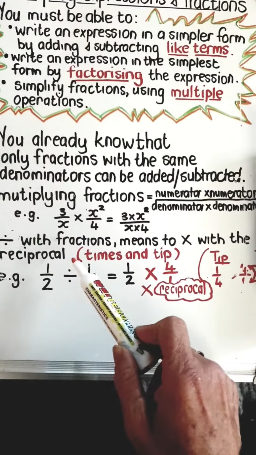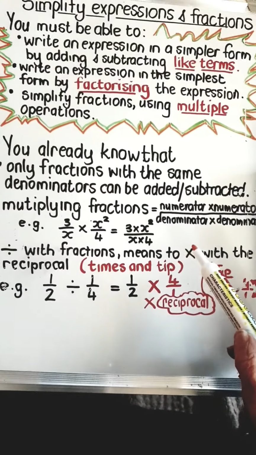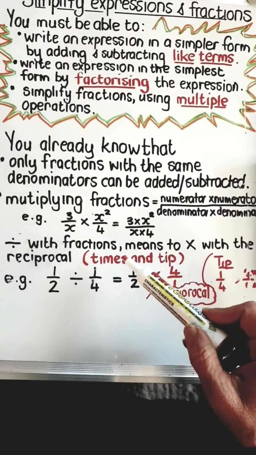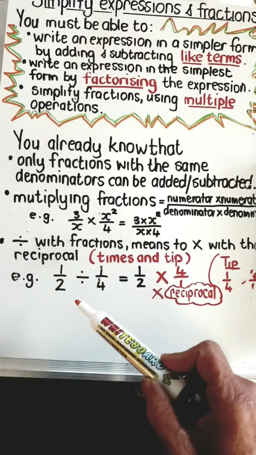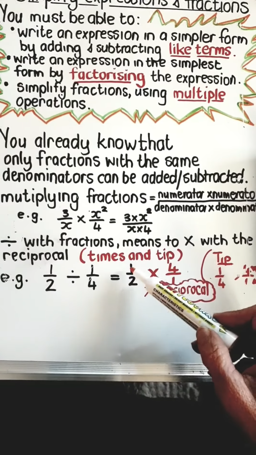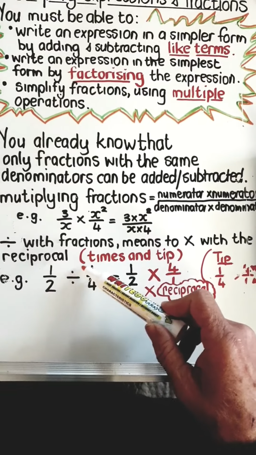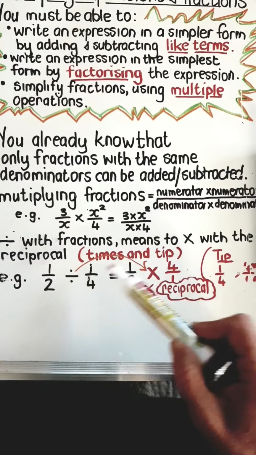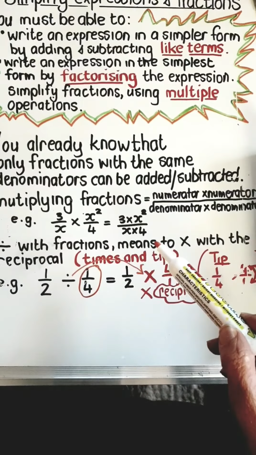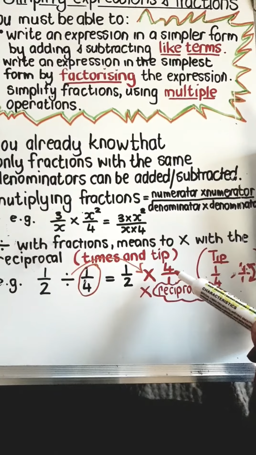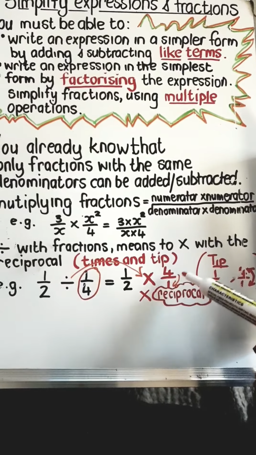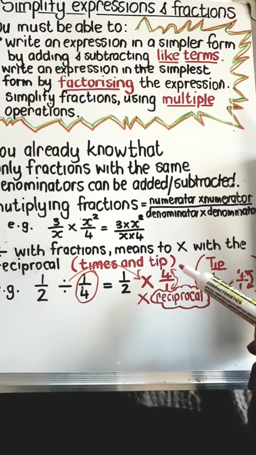When we divide with fractions, that you also know, it means that we multiply with the reciprocal, which means we times and tip. So, for instance, if we have a half divided by a quarter, we write it as a half, divide becomes times, and we tip the quarter and write it as a reciprocal, where the numerator becomes the denominator and the denominator becomes the numerator.